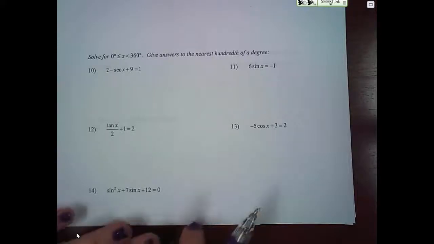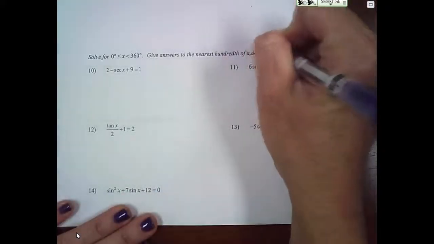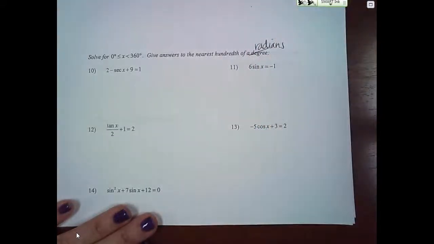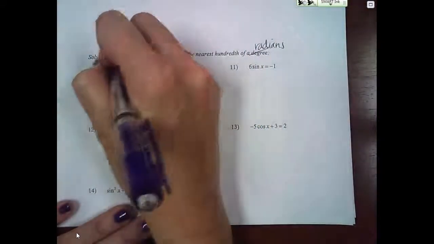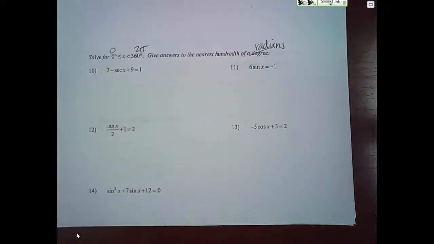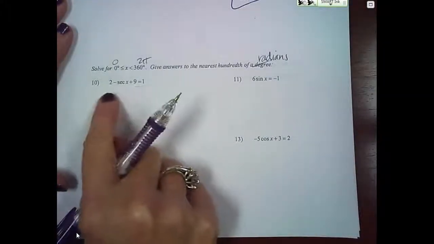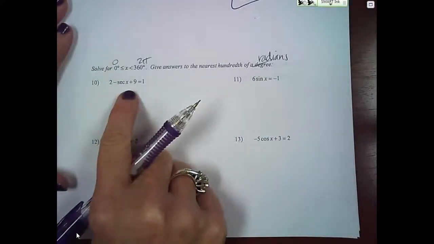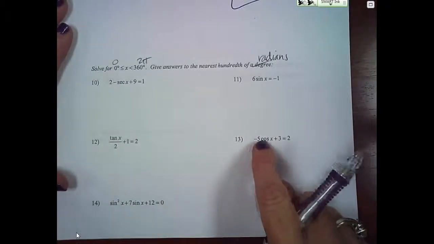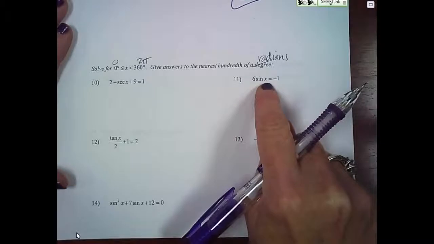Right, remember on the board I'd asked you on 10 through 14 to put it in radians. So be sure your calculator's in radians. Okay. And I'm just going to work a few of these. This one can be kind of tricky mathematically because you'll notice like on 13 this says 5 times cosine, and on 11 this says 6 times sine.